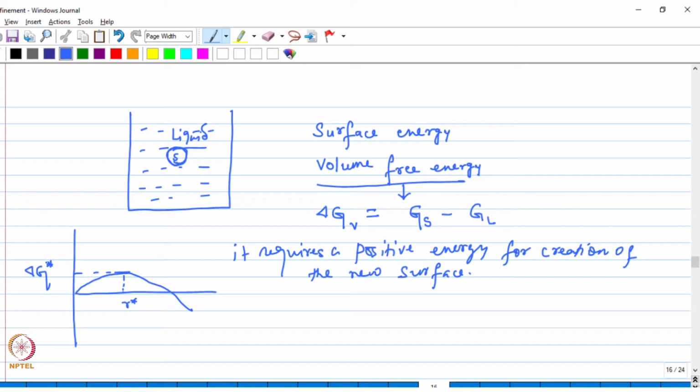Right? The critical free energy change corresponding to the critical size, that is essentially the energy barrier for the nucleus.